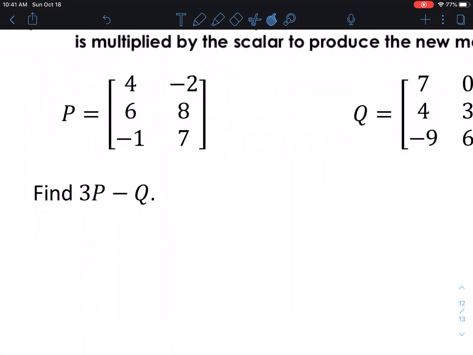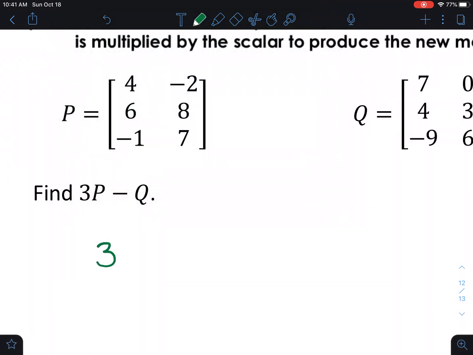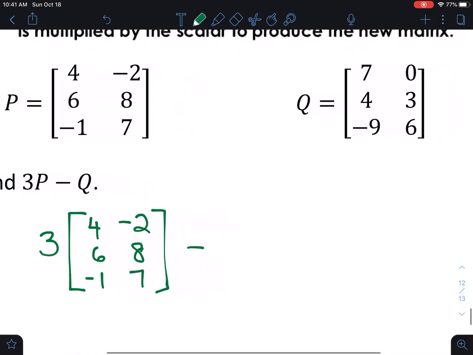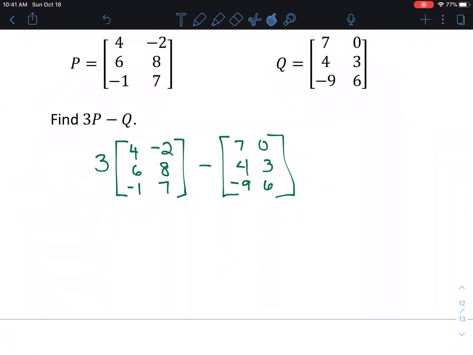So really all this means is we're going to go 3 times this whole matrix p, okay, and then we're going to subtract q. And q is 7, 0, 4, 3, negative 9, 6.